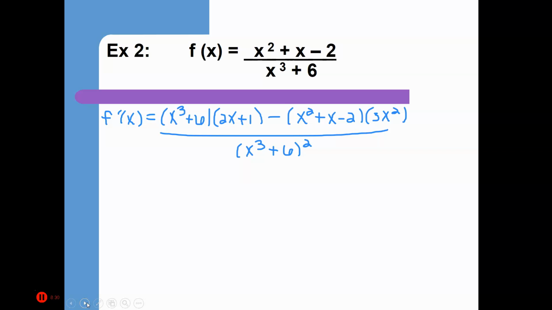And again, I cannot stress enough how that negative is going to distribute to everything over here.